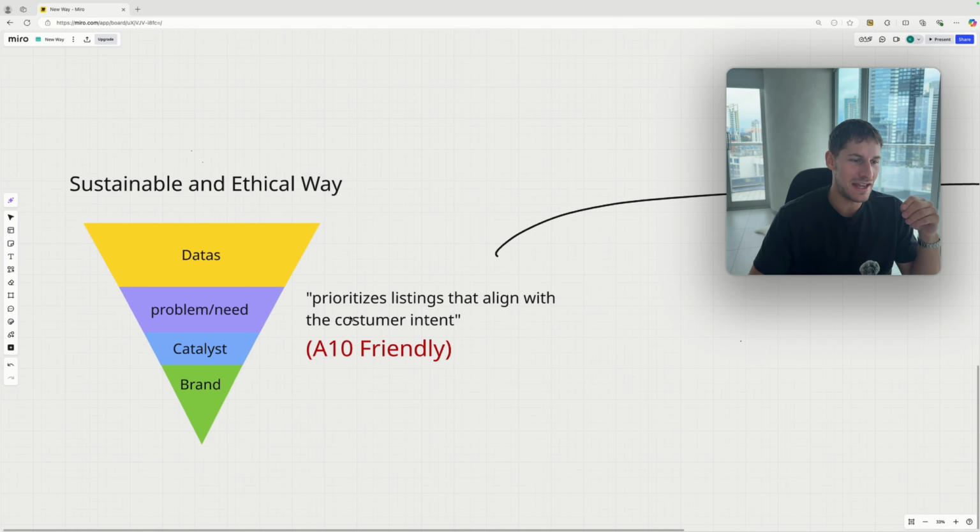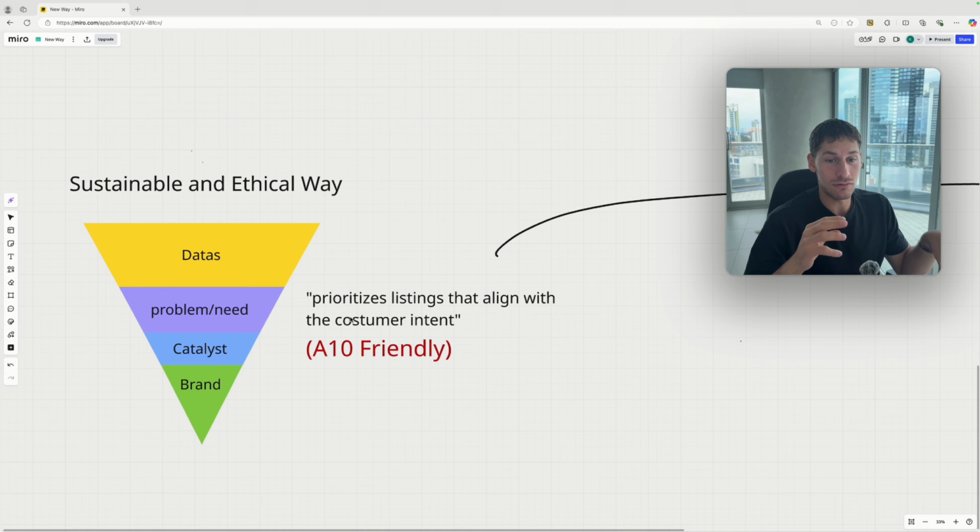And as we said, the A10 algorithm prioritizes listings that align with the customer intent, not what they type but what their real intent is. And it knows that with an algorithm that traces the last thing the customer searched, which listing he spent more time in, what his conversion rate is on average on Amazon, and so on.